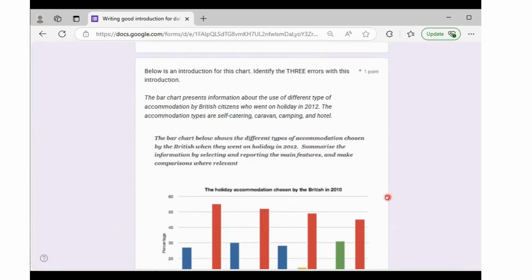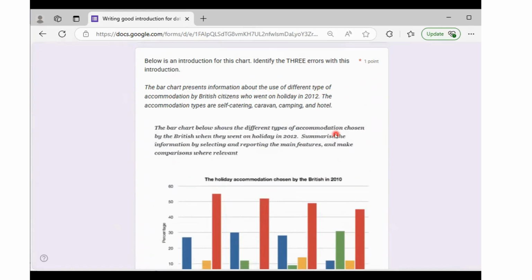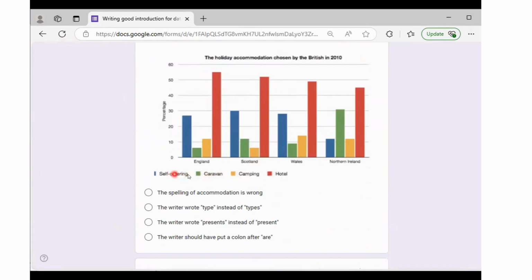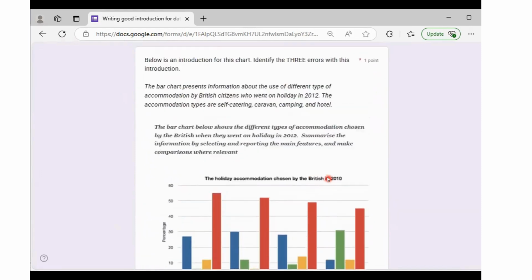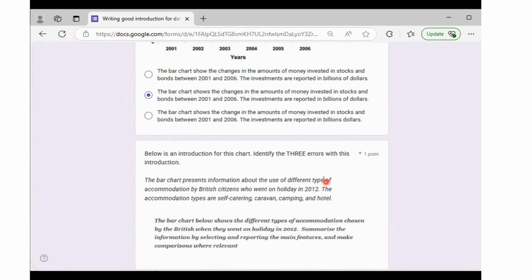The next one. Below is an introduction for these charts. Identify 3 errors with this introduction. So this is the introduction. The bar chart presents information about the use of different types. This is error 1, because look at it, it should be types. Different types of accommodation by British citizens who went on holiday in 2012.